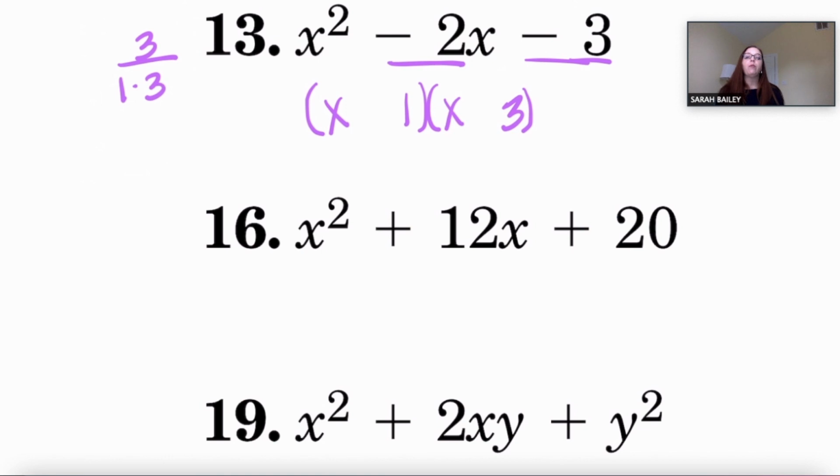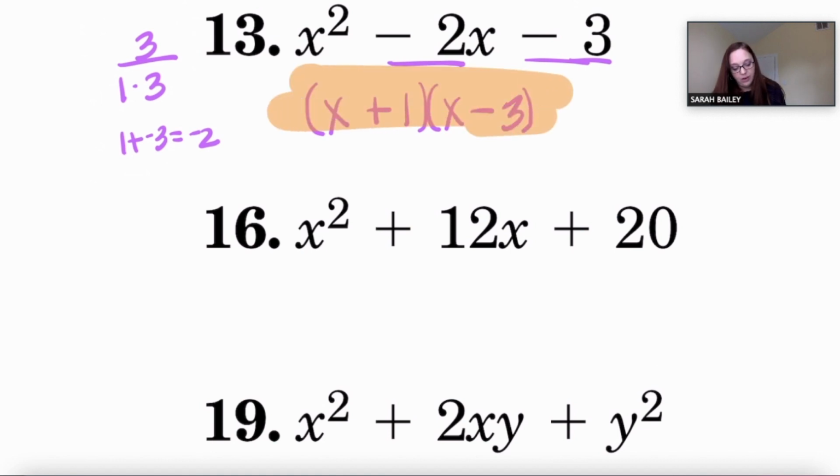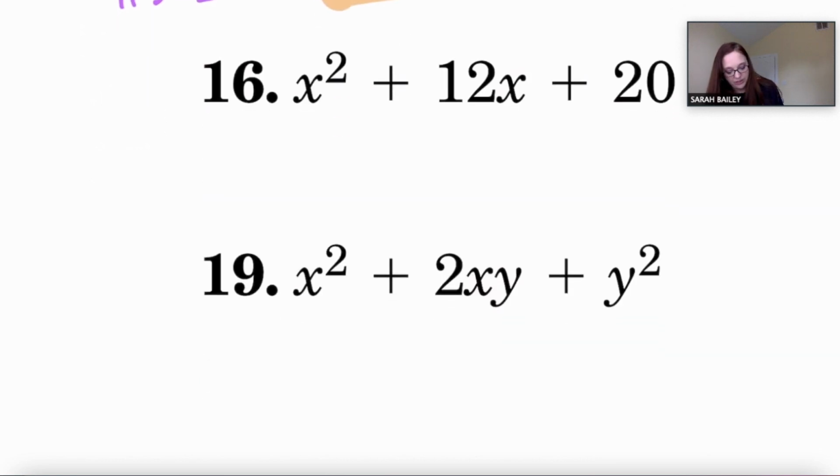So let's think about we want to have a negative 2. 1 plus negative 3, I'll write it down here, is going to give me negative 2. So that's plus, and that's a minus. That's it. So it'd be x plus 1 times x minus 3. And double check, 1 times negative 3 is negative 3. So we're good.